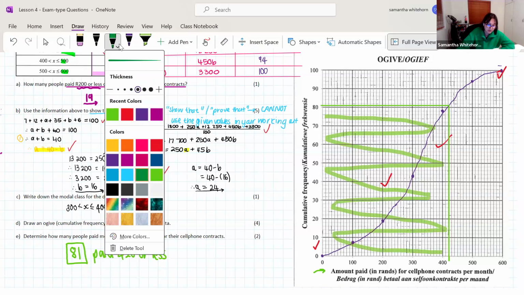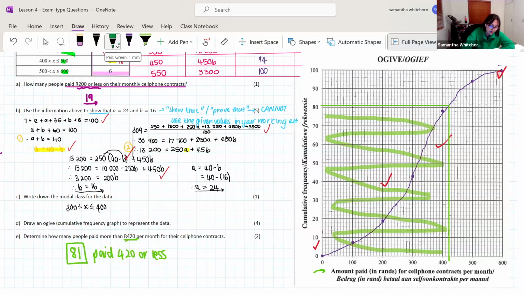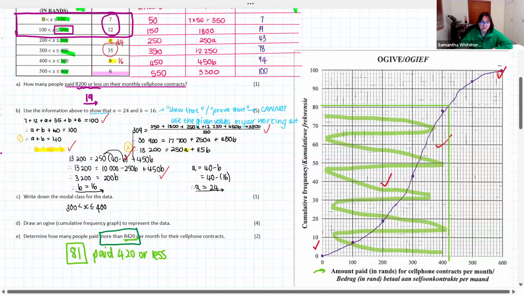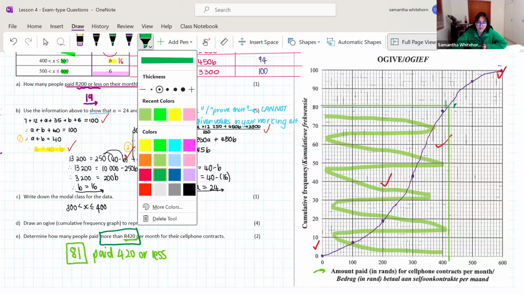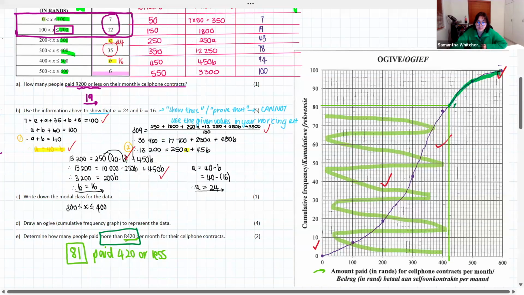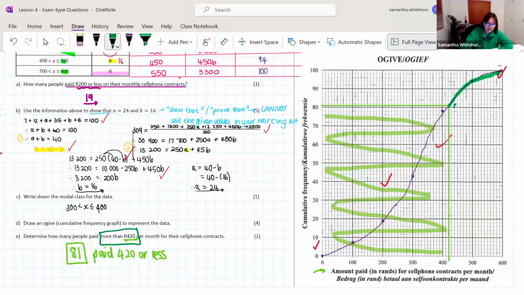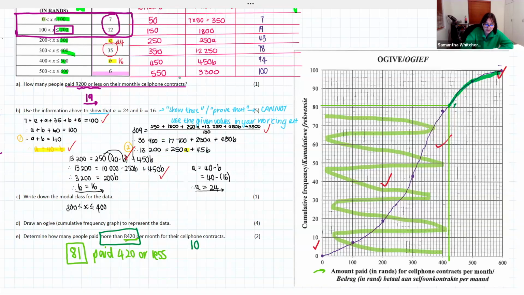So now I need to think about what that means. More than 420 means I want the people on the upper end of my ogive. There were 100 people that took part in the survey, and we know 81 paid 420 Rand or less. If we subtract those two amounts, we get that it was 19 people who paid more than 420 Rand.